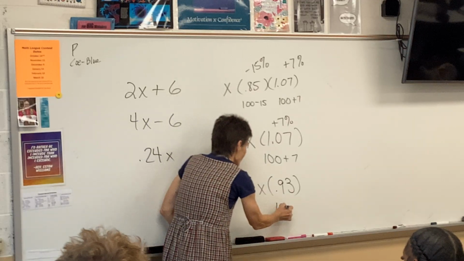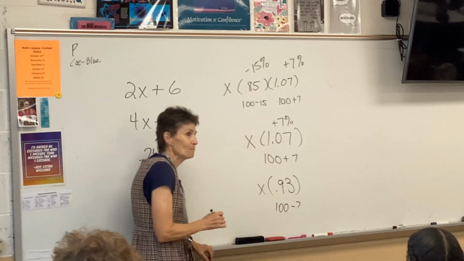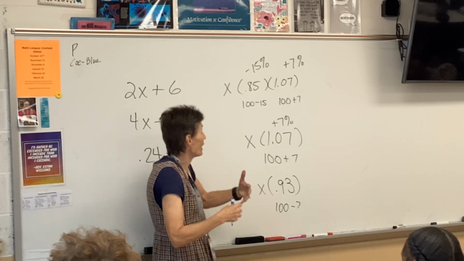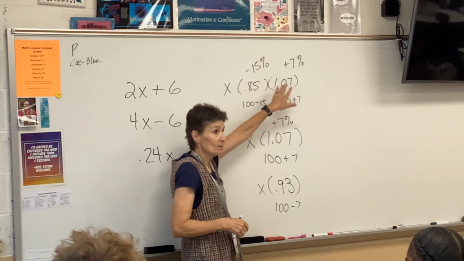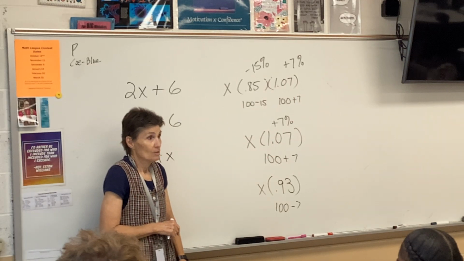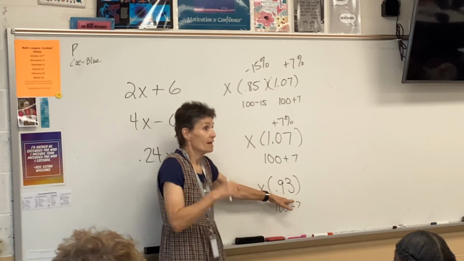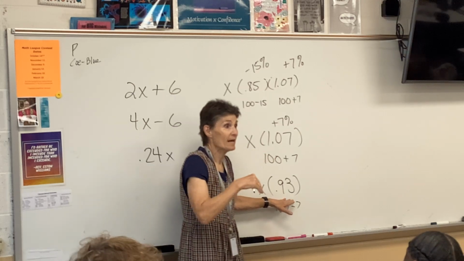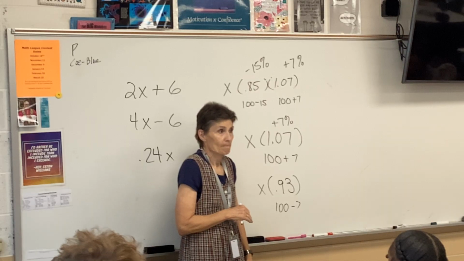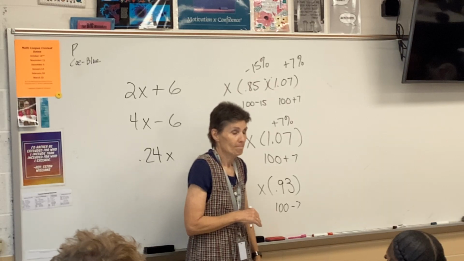We took 100 minus 7, because if he is docking my pay, if he's taking money away, it's like a discount, right? So it's 100 minus 7. So basically what this says is, I would make 93% of what I made last year. Okay? Alright.